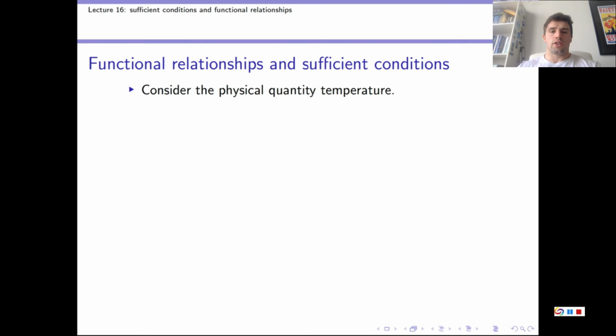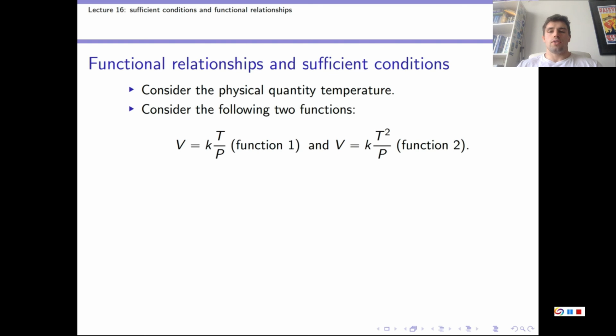So here is another physical quantity, temperature, and let's say we measure it in degrees Kelvin. And suppose we're interested in coming up with an equation that relates volume V to temperature T and pressure P. So we hypothesize two functions.